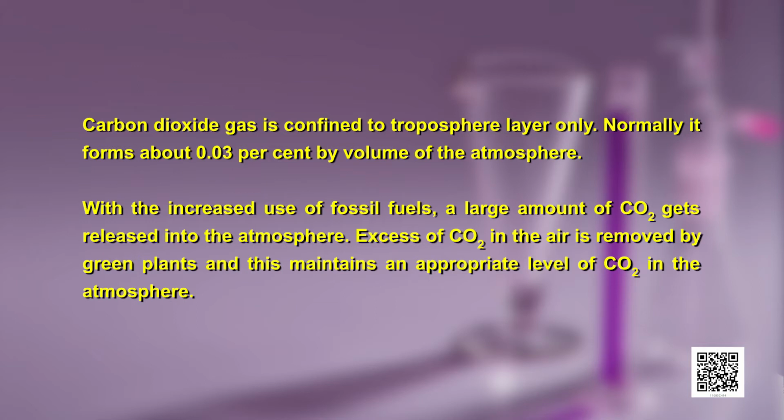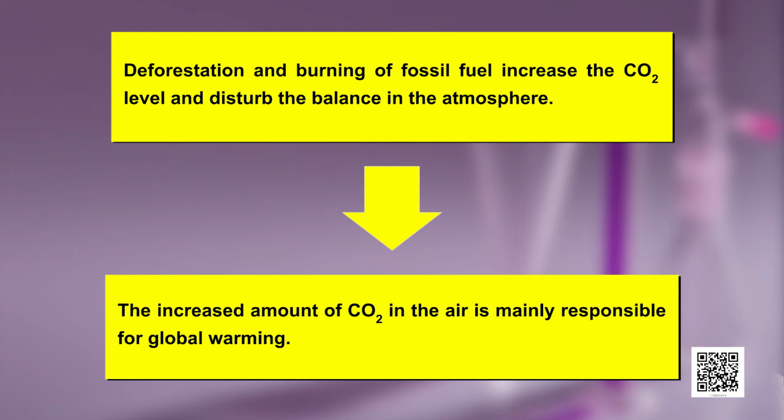Excess CO2 in the air is removed by green plants by the process of photosynthesis, and this maintains an appropriate level of CO2 in the atmosphere. As you know, deforestation and burning of fossil fuel increase the CO2 level and disturb the balance in the atmosphere. The increased amount of CO2 in the air is mainly responsible for global warming.